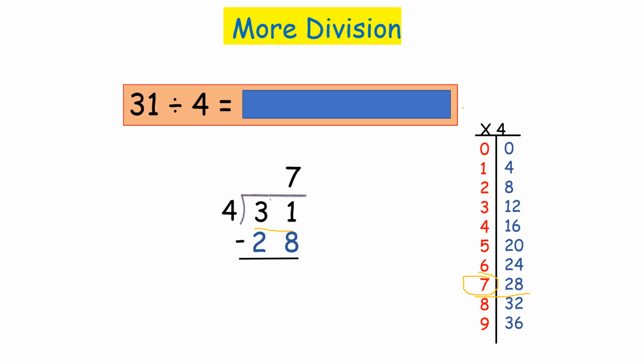So 1 minus 8 cannot, so we have to borrow from 3. 3 becomes 2. Give 10 to 1, so it becomes 11. So 11 minus 8 equals 3. And then 2 minus 2 equals 0. So the answer is 7, remainder 3.